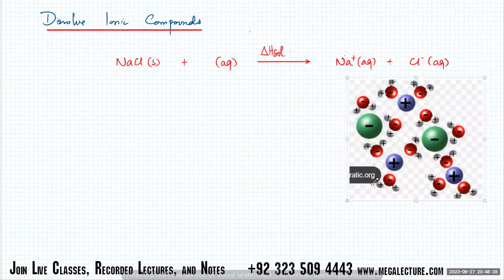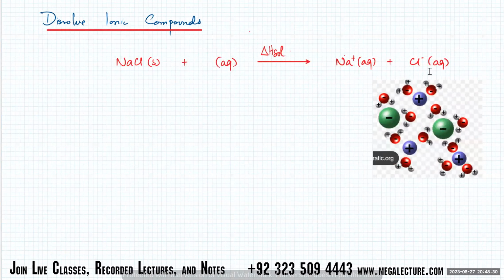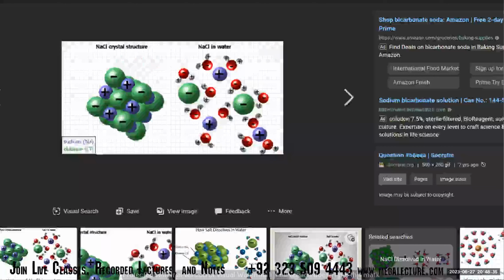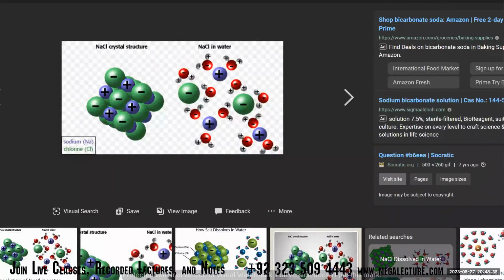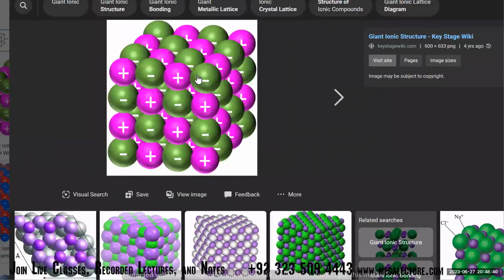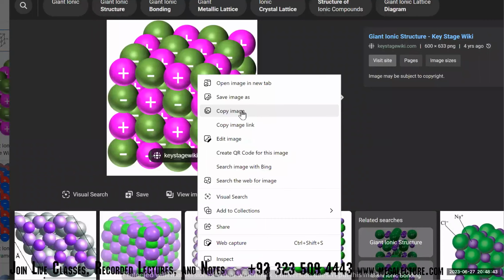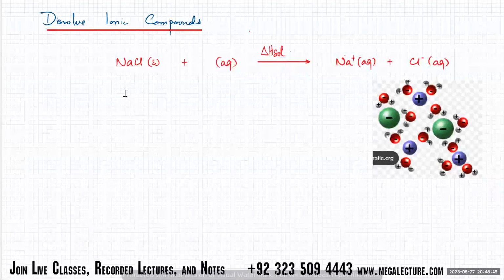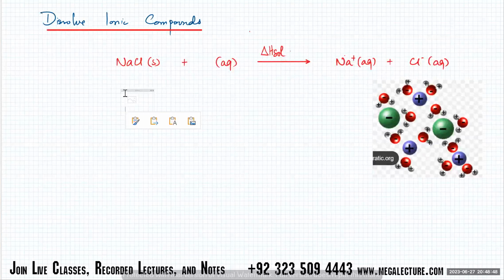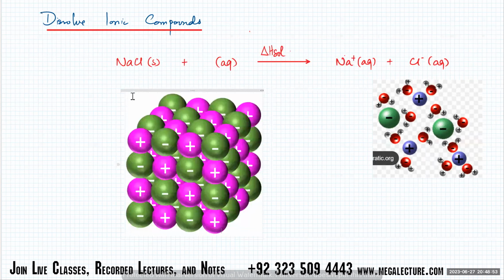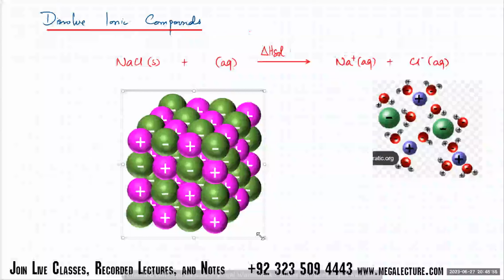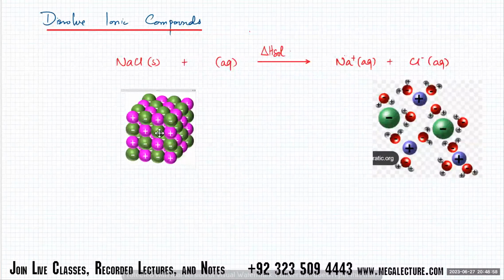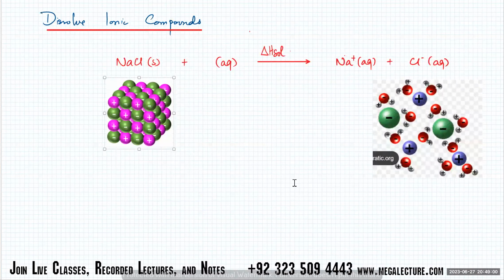So this is what's happening: the ions get scattered in water, they get completely surrounded by water molecules. And initially, the ions were all together forming an ionic lattice, which is, let's just take this one. So this is what happens when you dissolve an ionic lattice.